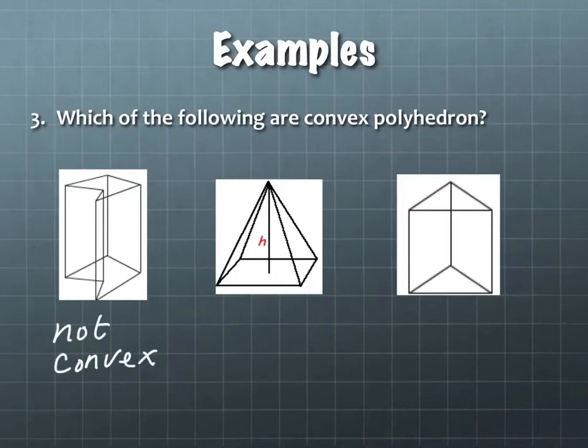And the reason is because I've got this indent here. Because of this indent, there are places on this side that, if I connected them over to this side, I would go outside of the shape. I would cross outside. So that makes it not convex. How about the second picture? It's convex. And the third one? Yeah, it's convex.